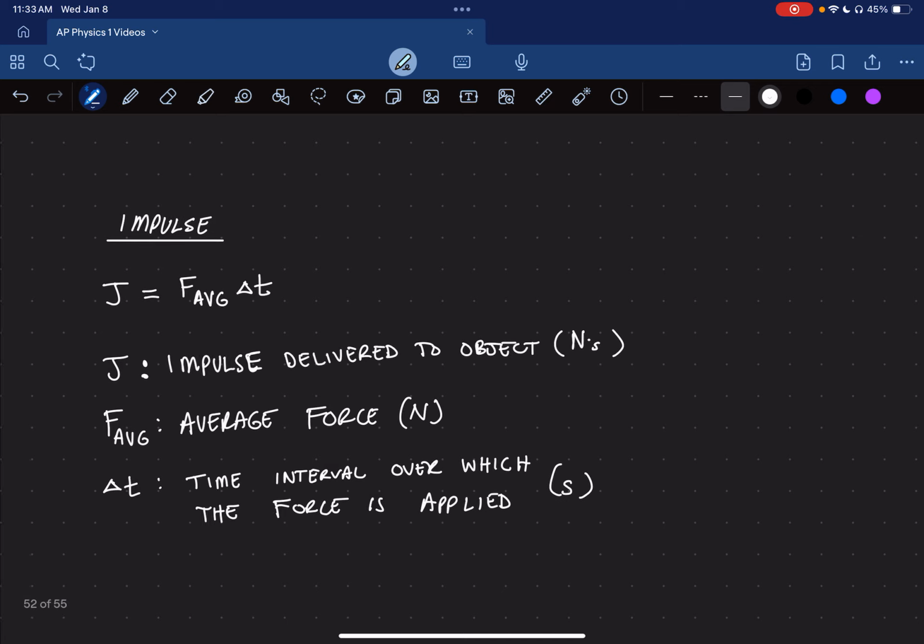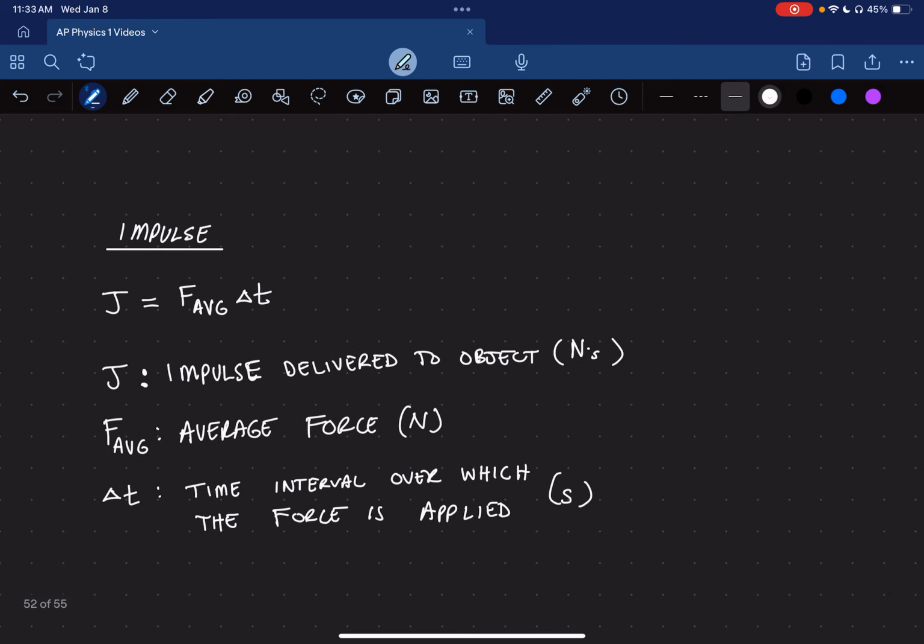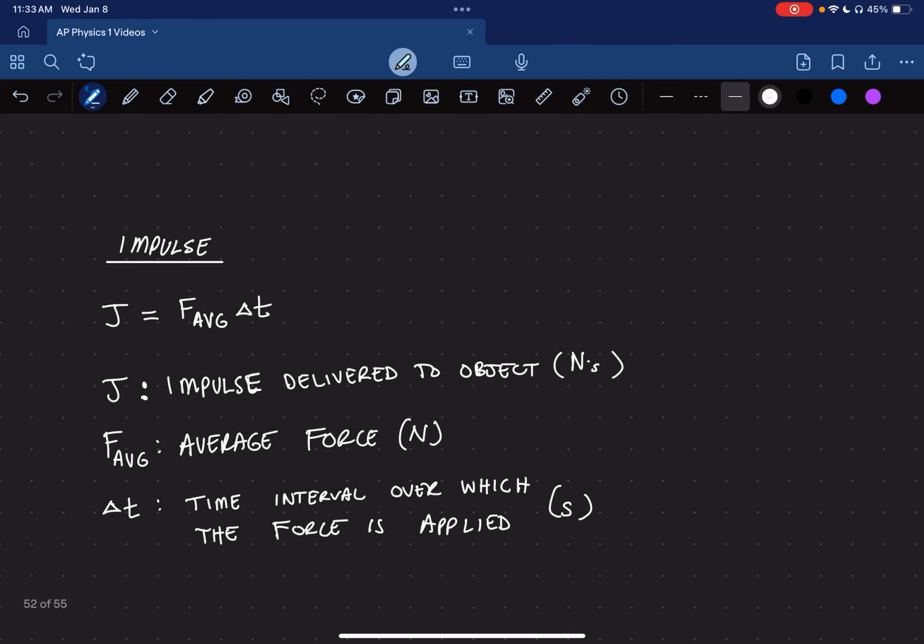If you're kicking a soccer ball, you are applying a force to it with your foot, and it's typically not a constant force. As you come into contact with the soccer ball, your force will begin to increase. And as you are kicking it away, but it's still in contact with your foot, maybe the force is decreasing. The force that you apply is less as it's already starting to move away from you until it loses contact with your foot.